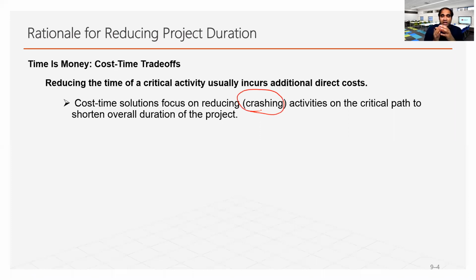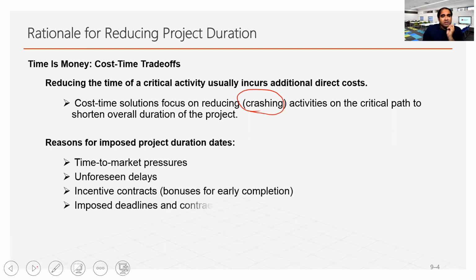So crashing an activity means investing some more money, more resources into a specific activity, and then crashing it, reducing it by a day or two. And over the period of the project, we can possibly come up with a considerable reduction in the overall project duration.